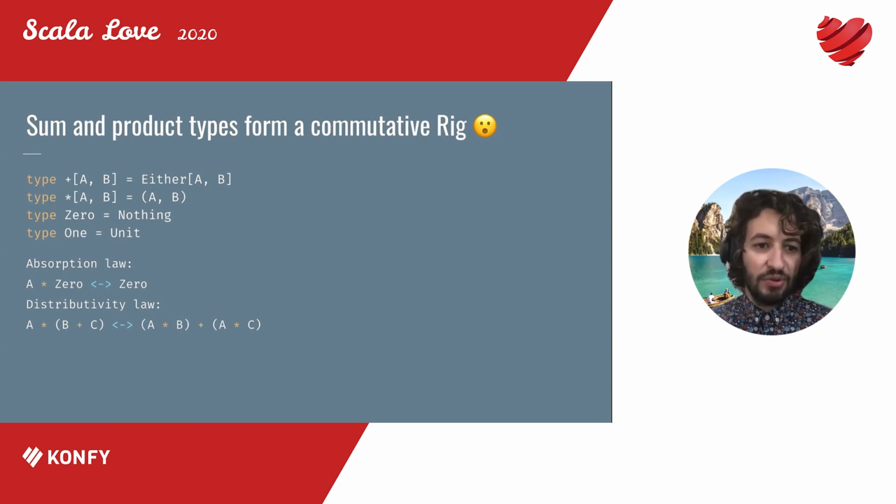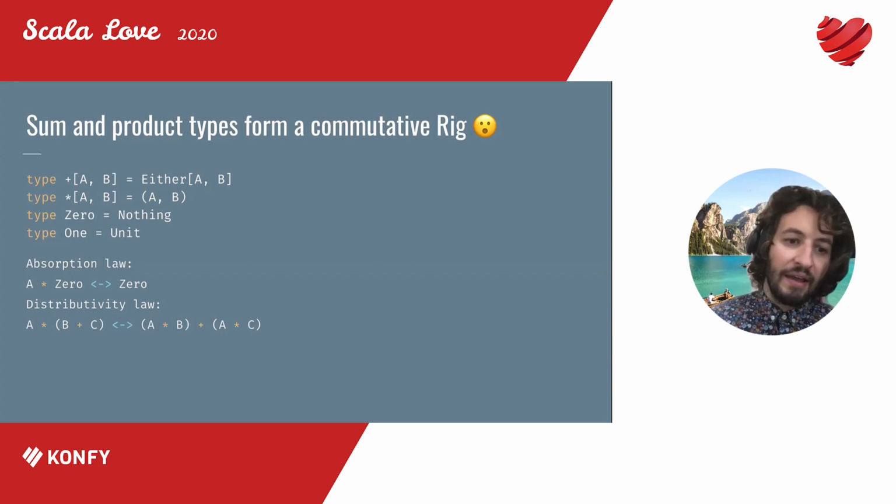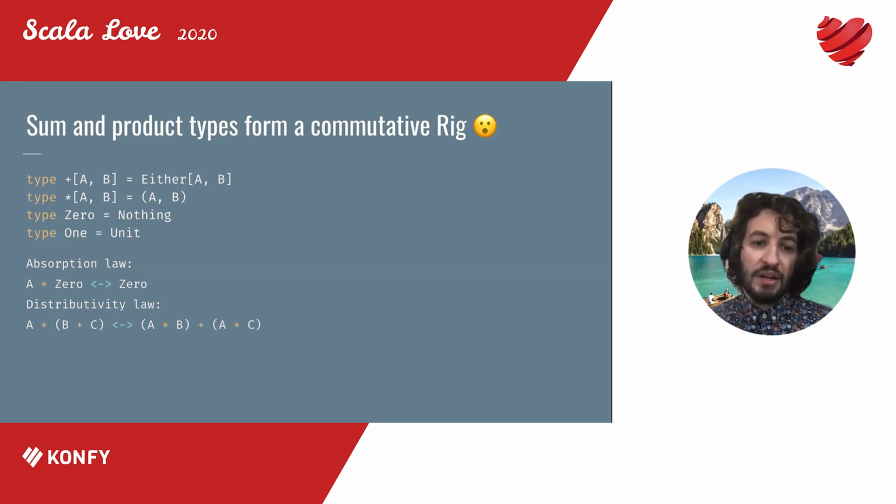Like if you have a tuple of A, either B, C, you can turn that into an either A tuple B or A tuple C. You can do it for yourself. It's actually like a fun type Tetris exercise.